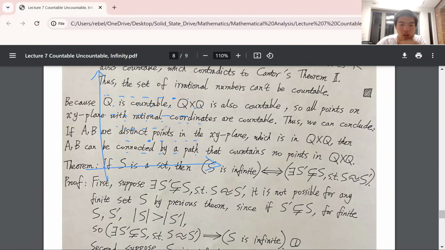There's a path that can connect these two points without reaching any point of the countable set Q Cartesian product Q. This is one Q, this is another Q. And this shows you can think of the rational numbers as only making up a very small part of the real numbers.